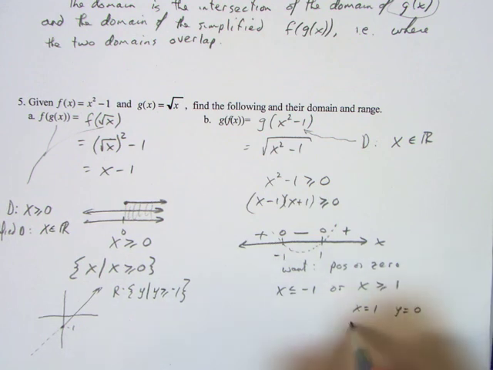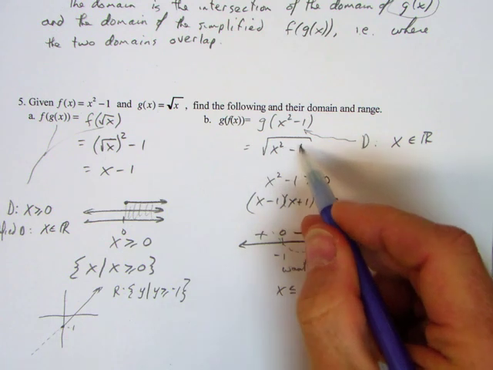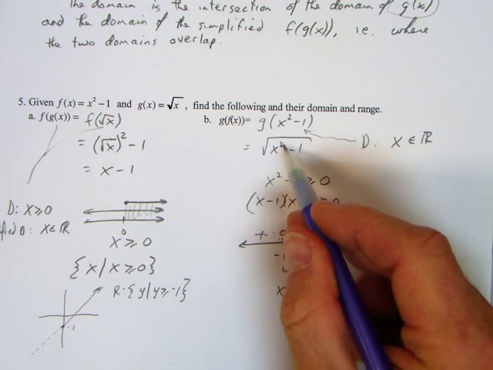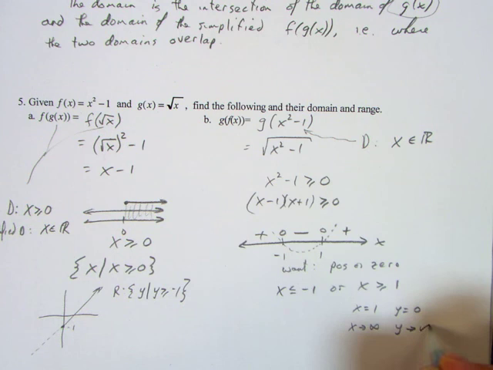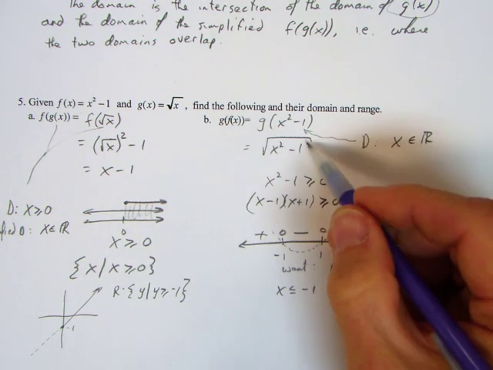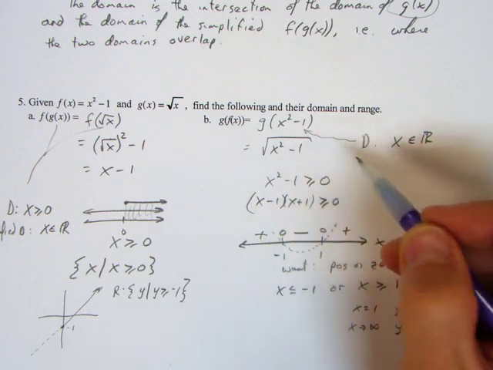As x goes to infinity, what happens to y? Well, if we get a bigger and bigger number, we square it and we subtract 1, the 1 really isn't having any effect. So this is just going to be the square root of x squared. Well, as x gets big, y is getting big. Can you ever take the square root of a number and get a negative number out?